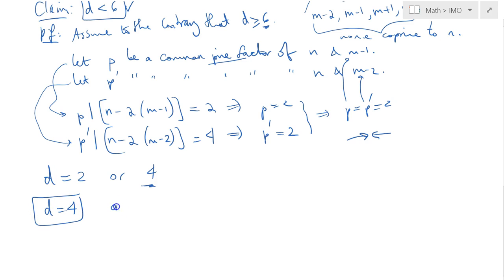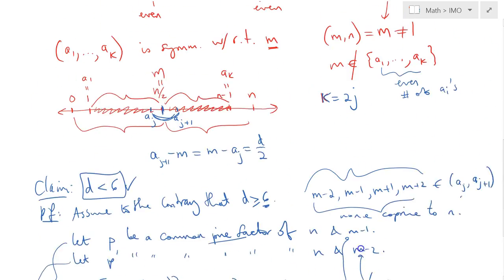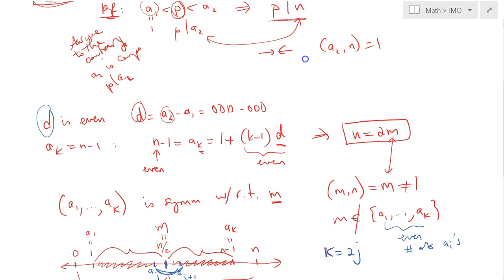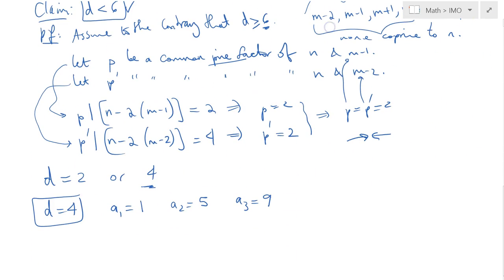Let's see if this is possible. If d is equal to 4, a1 is equal to 1, a2 is equal to 5, a3 is equal to 9. And here, by the way, the condition that n is strictly greater than 6 is crucial, such that we know a2 equals 5 won't be the last term in this sequence.